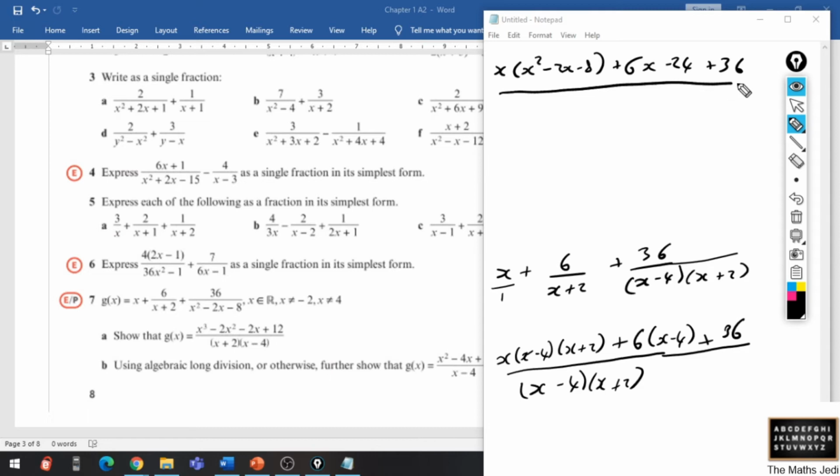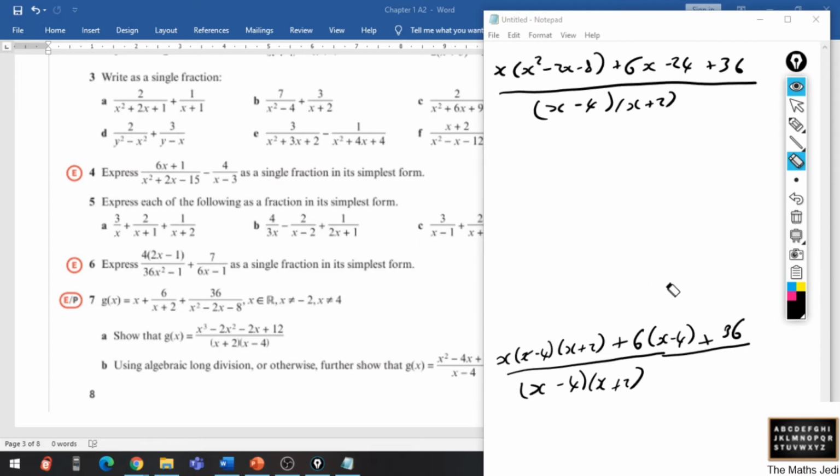We'll leave the bottom alone for now. I'll leave the bottom as factorised form, just because I think there might be some cross cancellation a little bit later on. Need more room. You can see I'm going to have a cubic expression on the top.